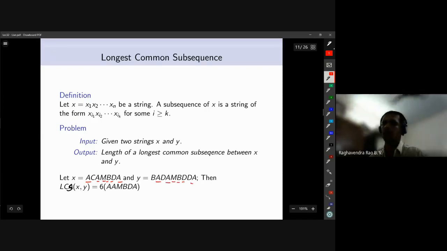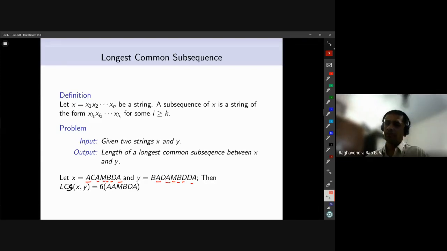So our algorithm should output 6. We'll also see how to output the actual subsequence as such. Is the problem definition clear?